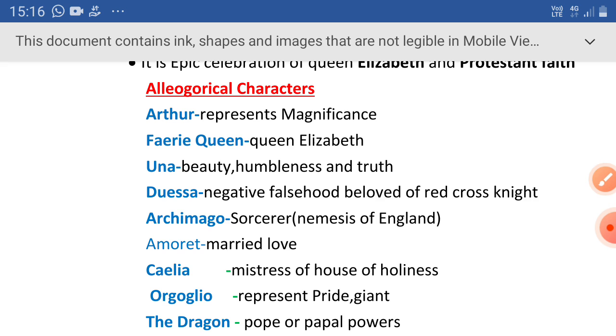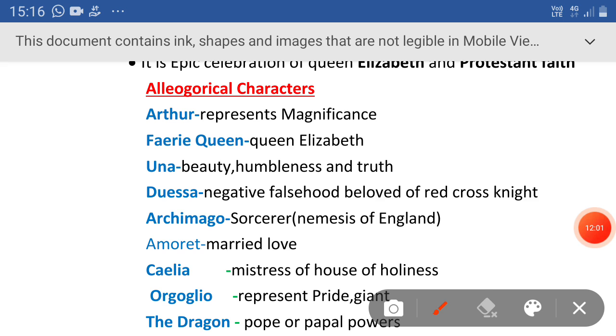So there are some allegorical characters in this work which represent something else. So these are called allegorical characters, which represent a trait. These types of characters are called allegorical characters. So the first is Arthur.